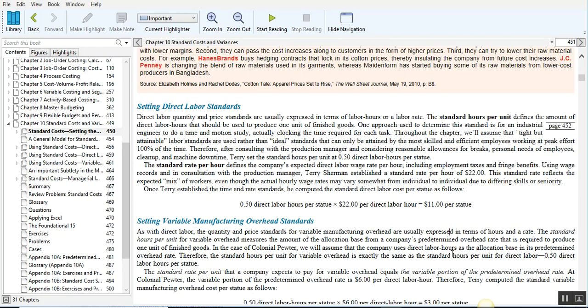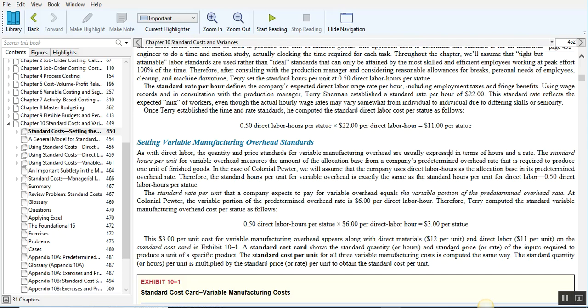So when we look at variable manufacturing overhead standards, we're going to look at how much we're expecting to pay for variable overhead. So we're going to figure out, okay, what is the variable portion of the predetermined overhead rate? And here we have a rate of $6 per direct labor hour.